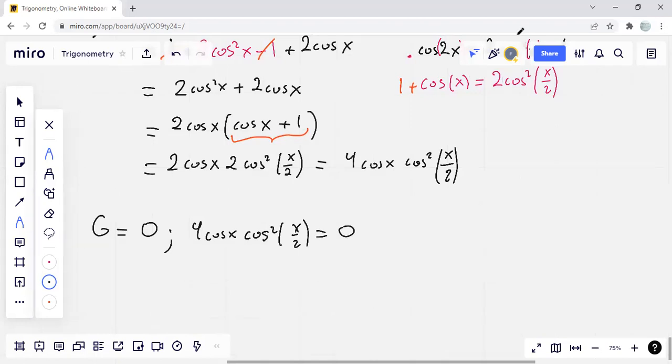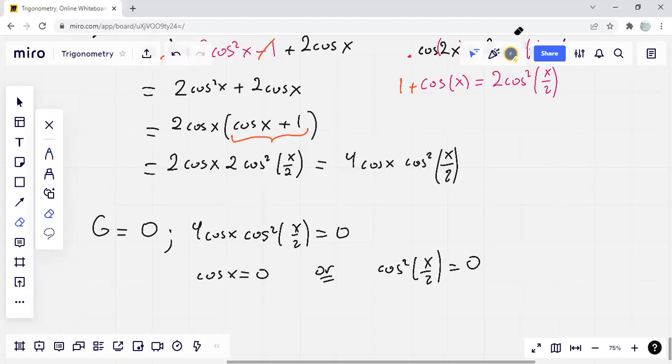Now, if the product of two numbers is 0, then either cosine x is equal to 0 or cosine squared of x over 2 is equal to 0. If cosine squared of x over 2 is equal to 0, it's the same as saying cosine of x over 2 is equal to 0. And if a squared is equal to 0, it means that a is equal to 0. So we can take out the power 2.